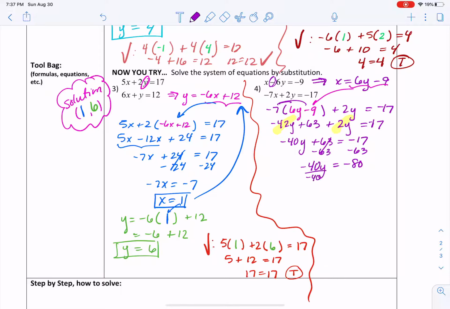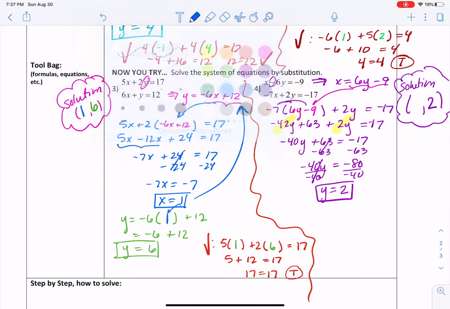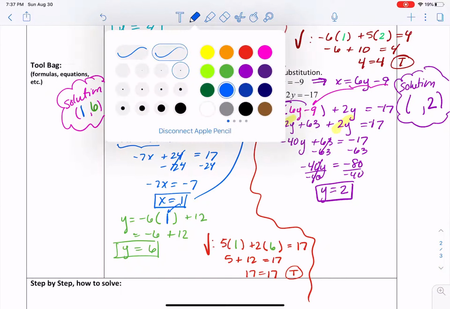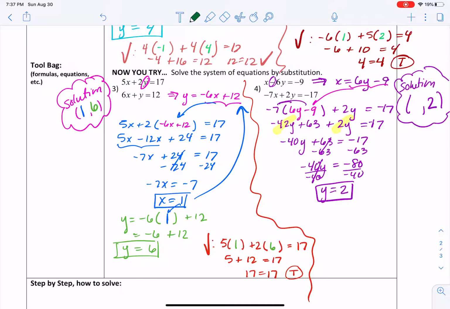Divide by -40, y equals 2. So for my solution over here, just make sure that you put the coordinates in the right place inside the parentheses. So now let's solve our x.